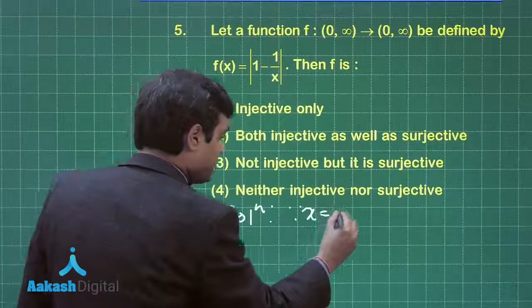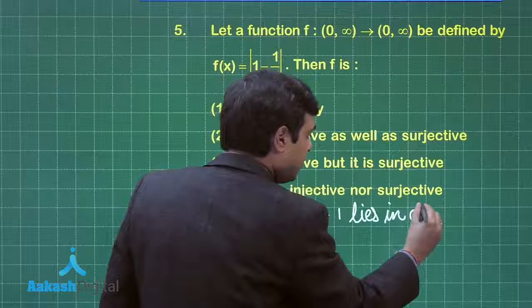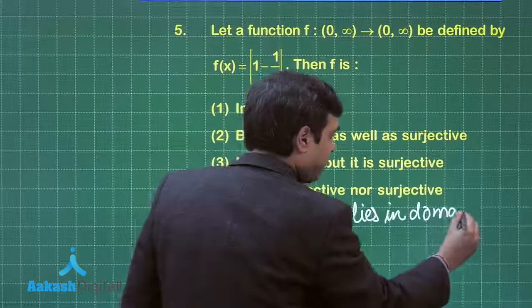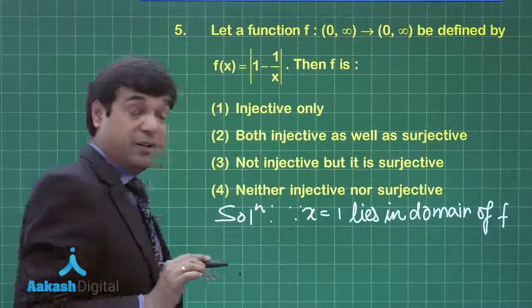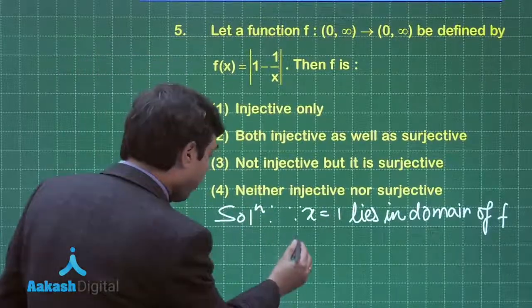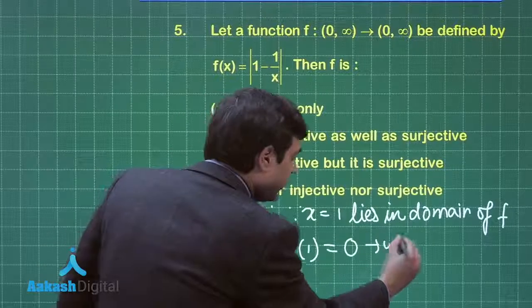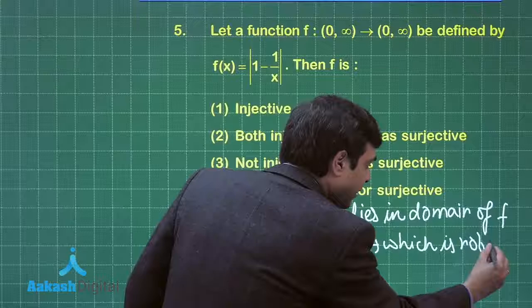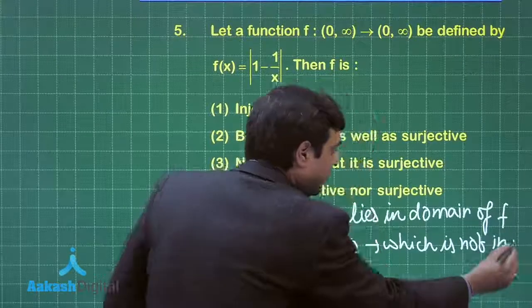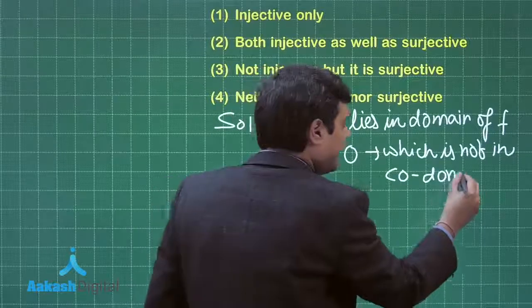Since x equals 1 lies in domain of f, right? But when you go for the value of the function at 1, you observe 0, which is not there in codomain. That means this is not a function.